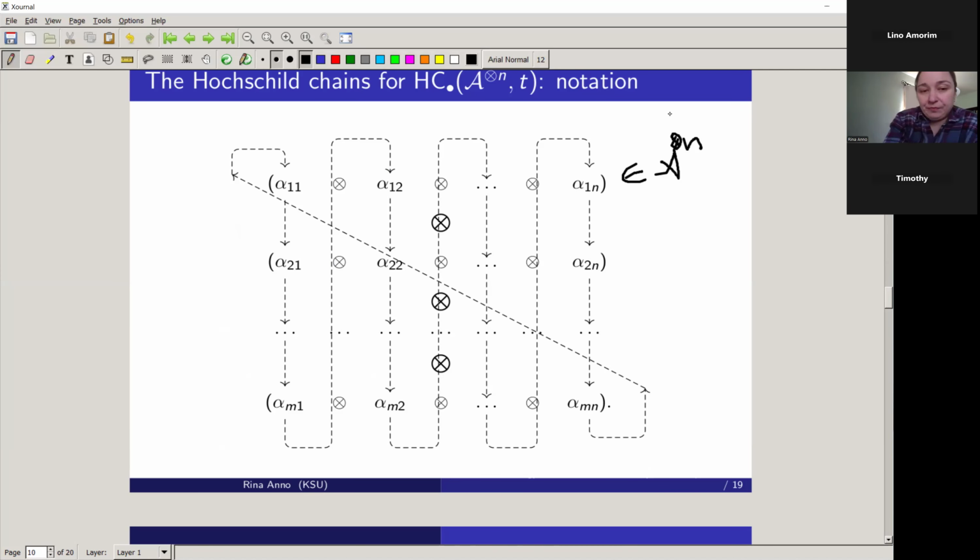And then note that this is Hochschild homology of a category. So these are morphisms, and in the definition of Hochschild homology of a category, in order for the Hochschild differential to work, they have to be composable. So the first row and the second row have to be composable.